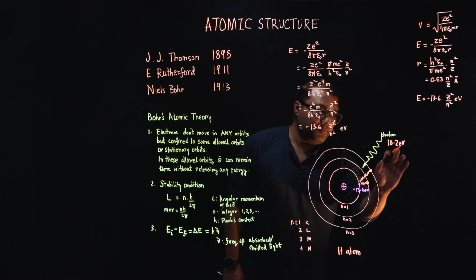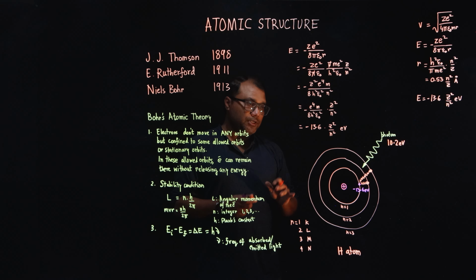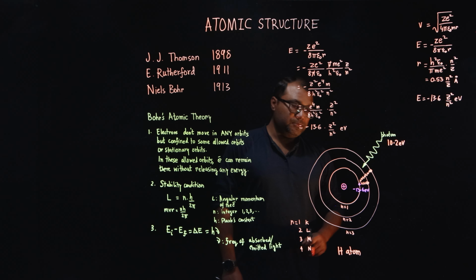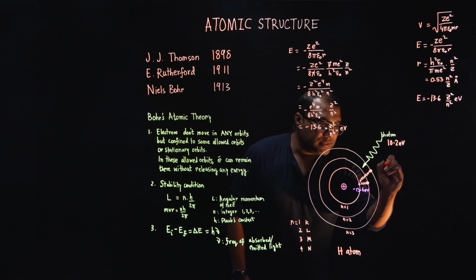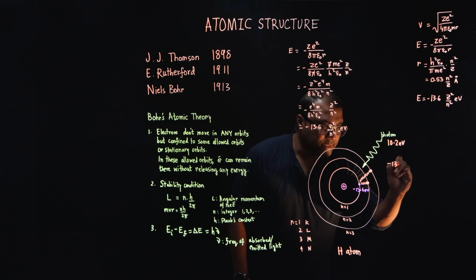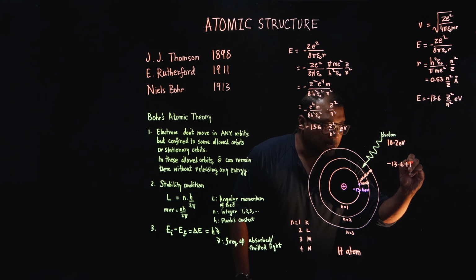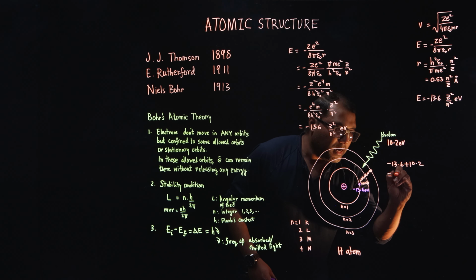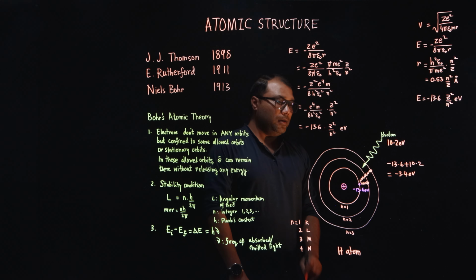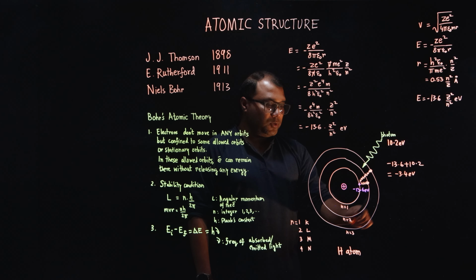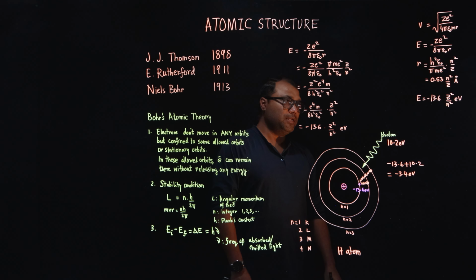So let's say 10.2 electron volt of energy with the photon comes in. Let's see if the electron will or will not absorb that energy. It can reject it as well. So let's see, minus 13.6 plus 10.2. How much is it? Minus 3.4 electron volt.